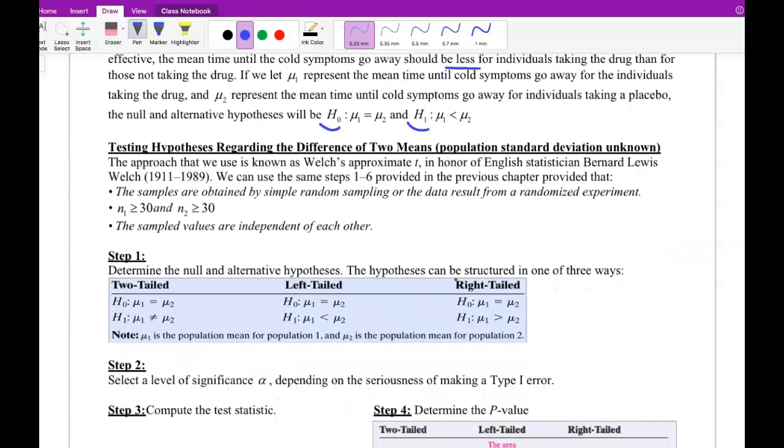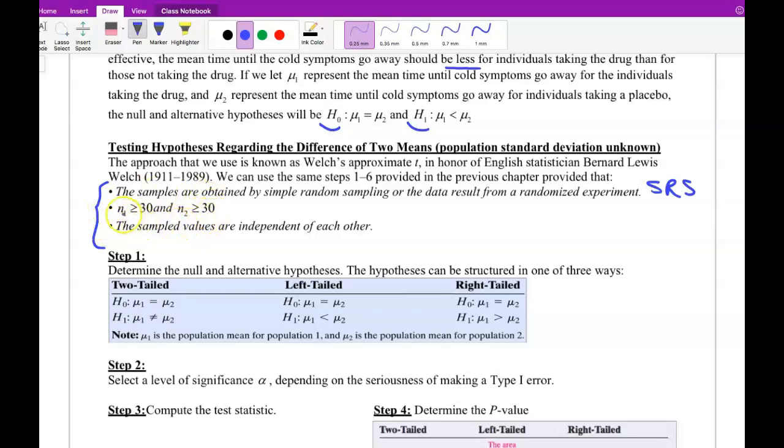As always, before starting, we should have all these three requirements. The first one, we should have a simple random sample. Second, since we have two populations, we have two samples. So the first sample size should be greater than or equal to 30, and the second sample size should also be greater than or equal to 30.